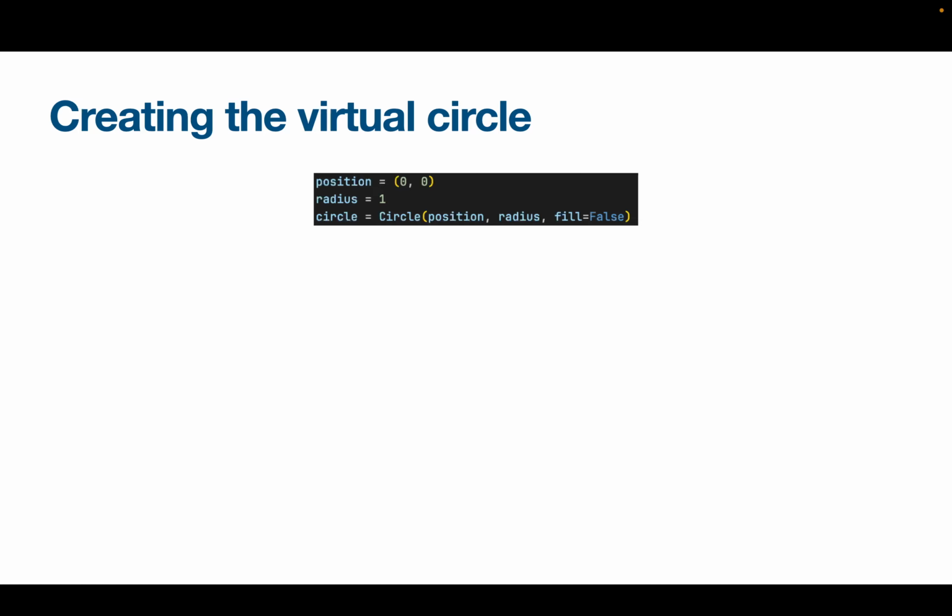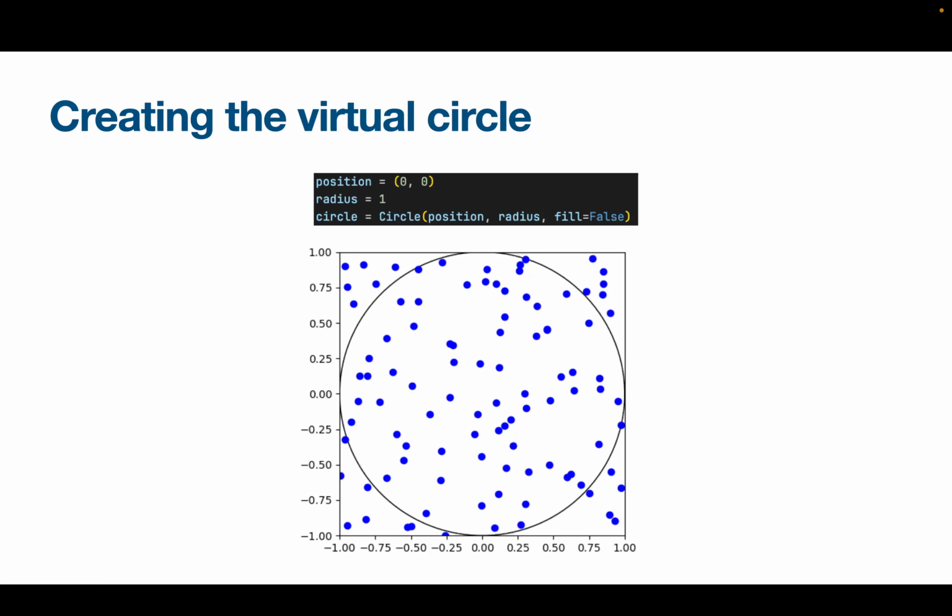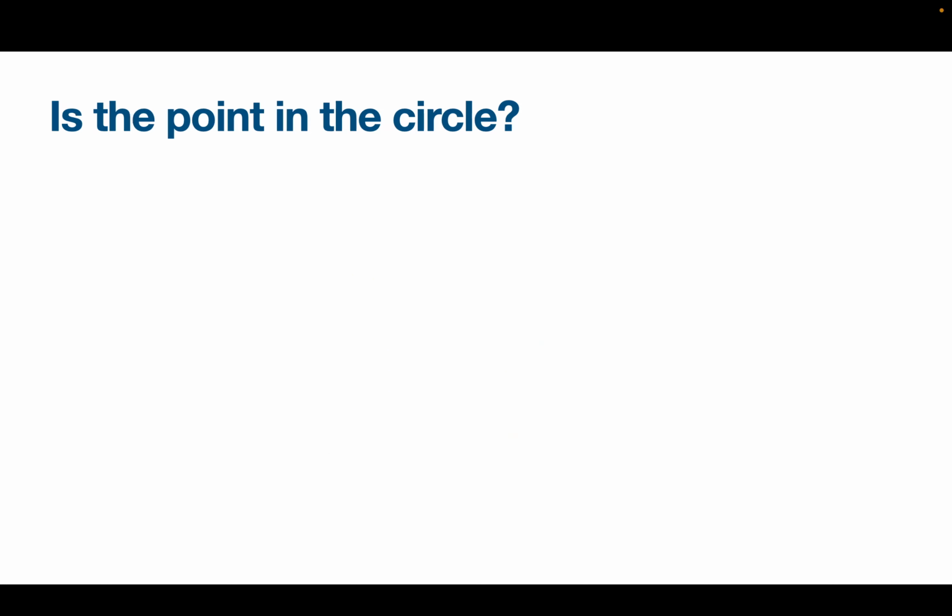And of course, 2 divided by 2 is 1. The position is 0, 0, which is the middle. Again, this step is not necessary, as we will see next.